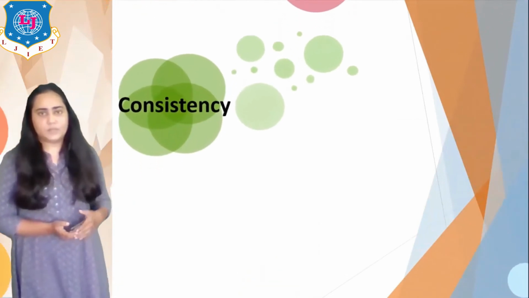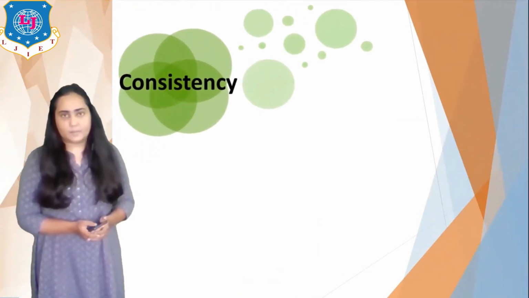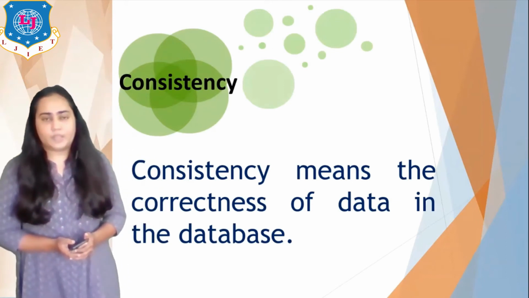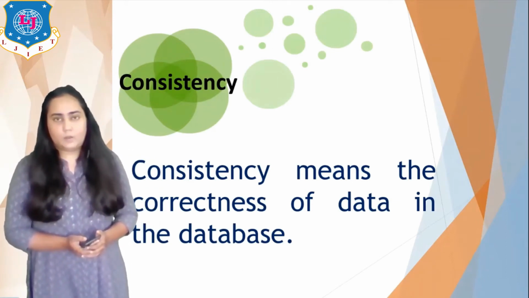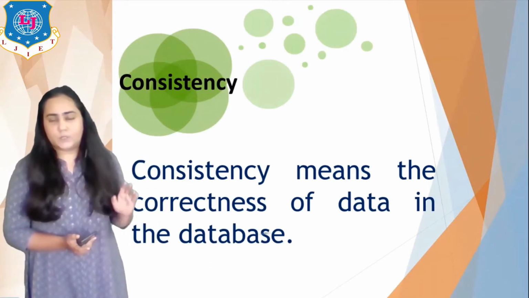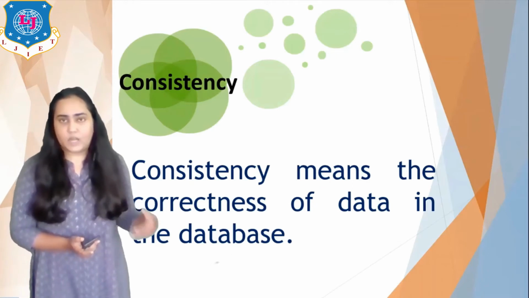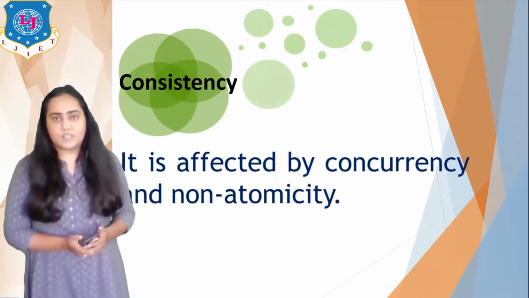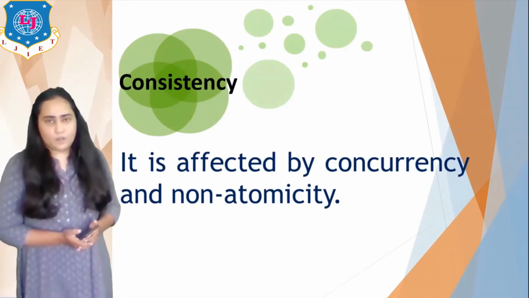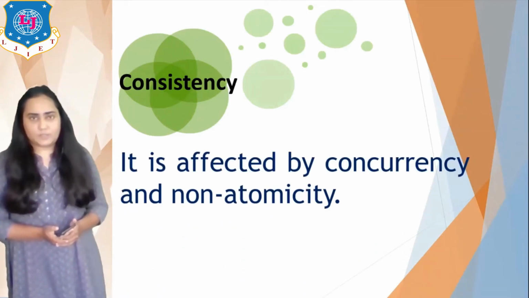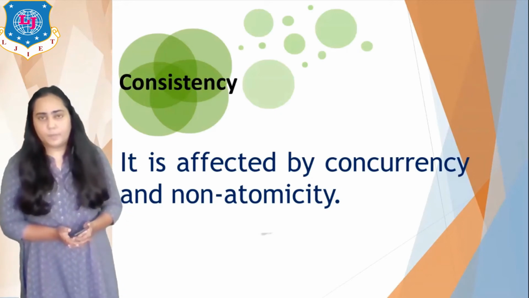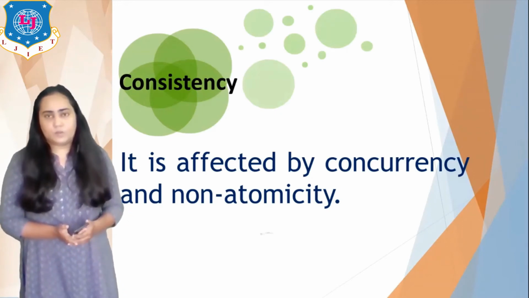The next property we're going to see is consistency. So consistency means the correctness of data in the database, which means your data should be correct at all times, no matter how many changes are made to it. And this consistency is affected by concurrency and non-atomicity. And you are by now familiar with atomicity, but you do not know what is concurrency.